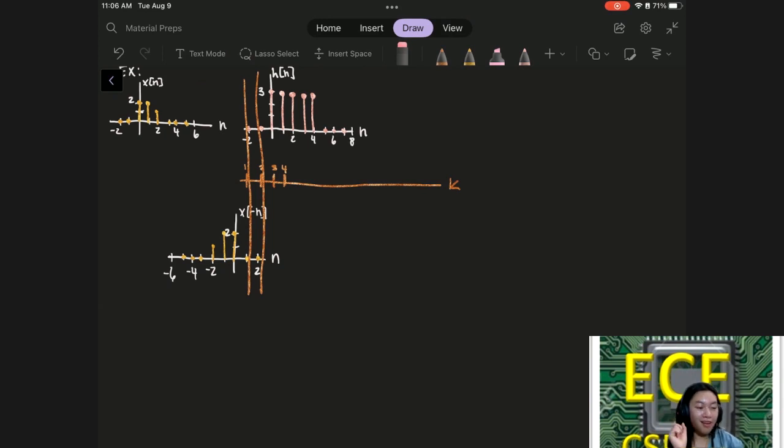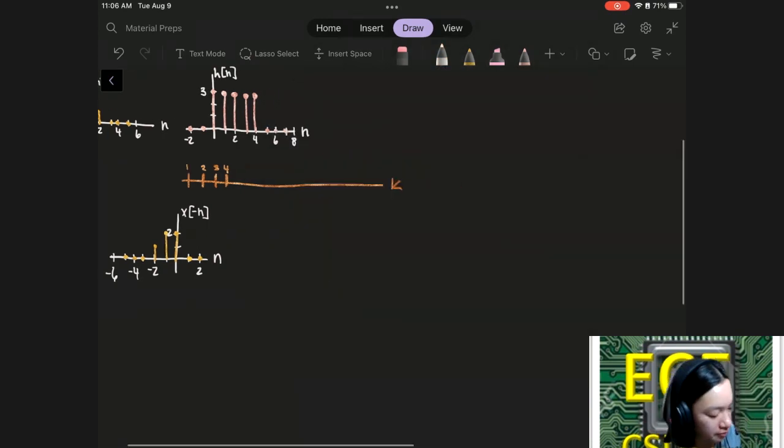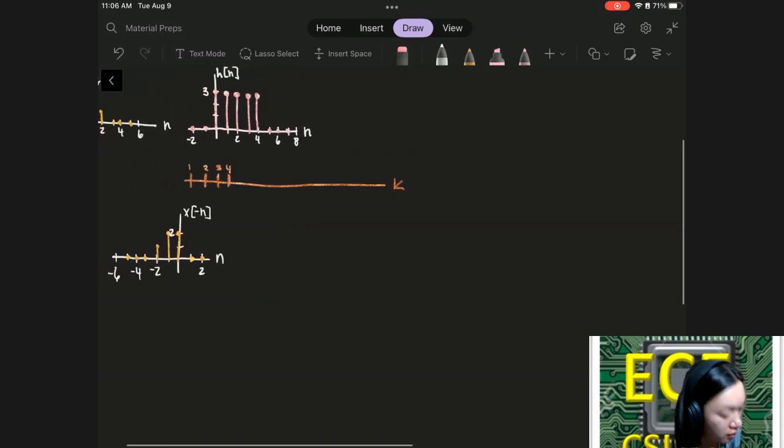So I'm not going to draw it out because it's going to take a while, but I will draw a table so it's easier to keep track of. Let's go back to white. So all we need are these two.